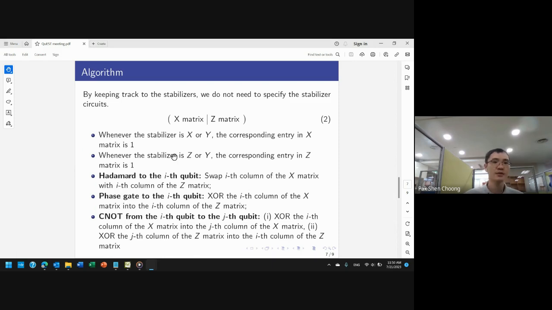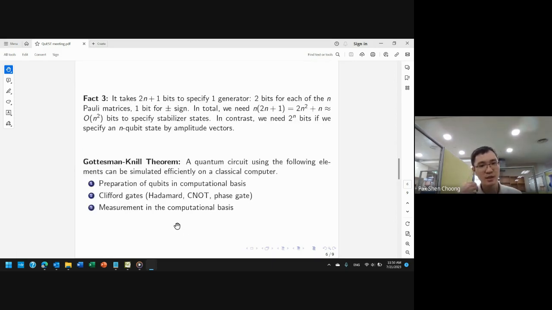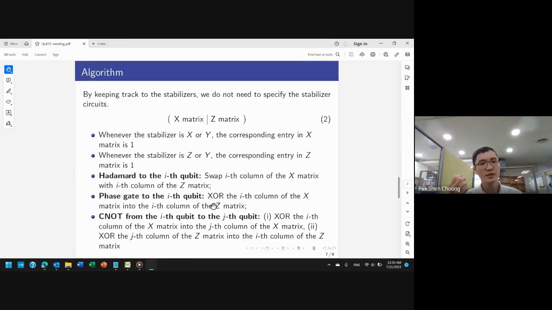And then because we can only perform Hadamard, CNOT, and phase gate, this is what we study. We study the effect of these three gates on the matrix. So if you apply a Hadamard gate to the i-th qubit, essentially we are changing from the Z to the X basis, from 0, 1 to plus and minus.